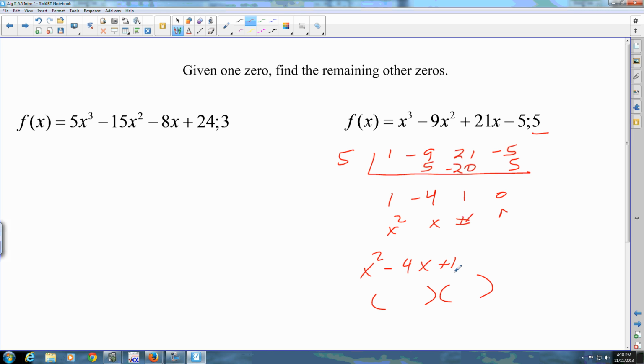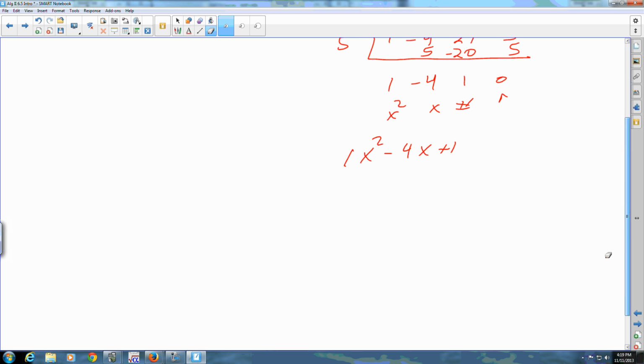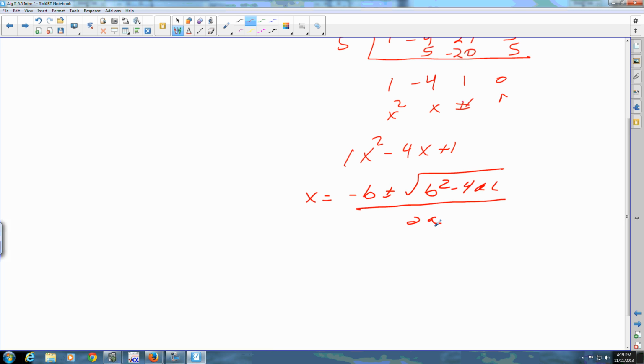Is it going to factor? No. There's nothing that's going to multiply to 1 and add to 4. So, to find the remaining zeros, the only other tool you have is the quadratic formula. B squared minus 4ac all over twice a.